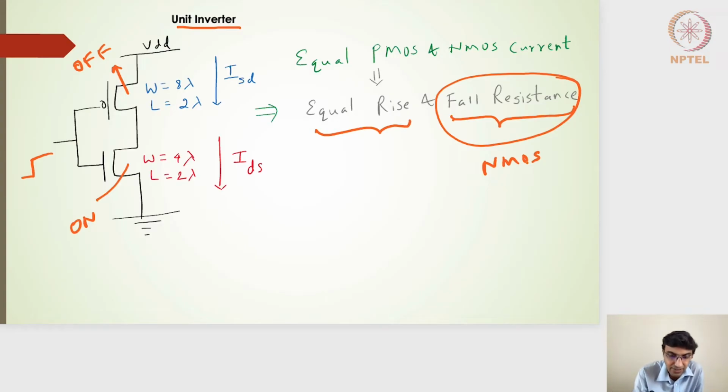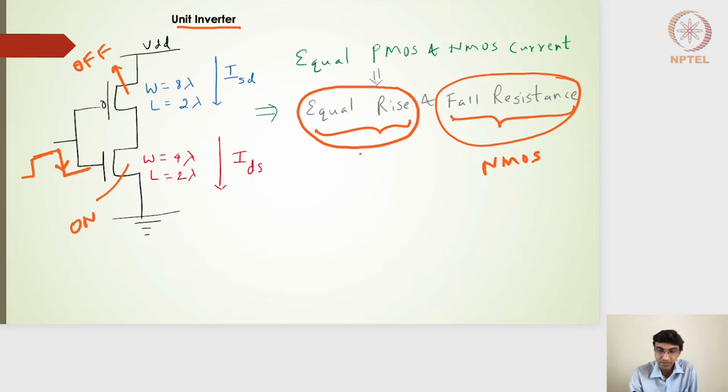Similarly, if I have this step input going back to 0, in this particular transition, I will know that the PMOS transistor will be on and the NMOS transistor will be off, and in that case, I will get the rising resistance because my output node is rising to a VDD value. So the rising resistance, I can get it from the PMOS.